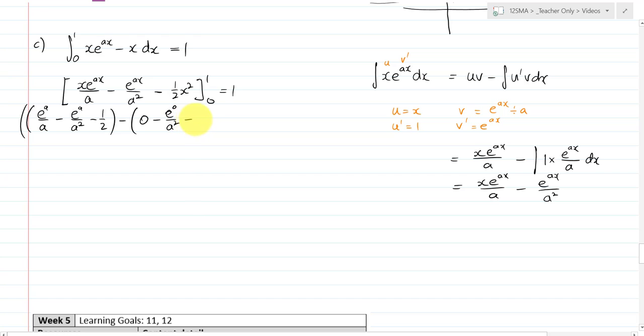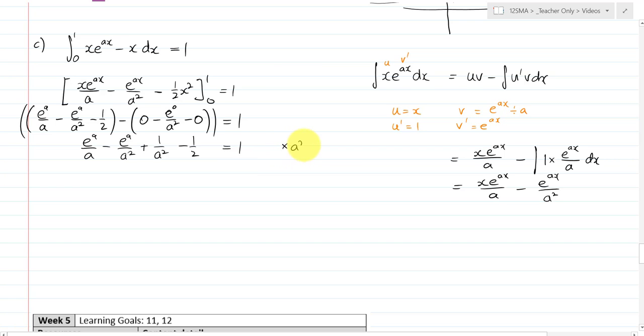That's the only one that doesn't disappear, minus 0. We need that to equal 1, and I've got some common denominators. I know I've got a's in a few different places, so I'm going to have to be very careful with this. E to the a over a minus e to the a over a squared plus 1 over a squared minus a half equals 1. I've just done some rearranging.